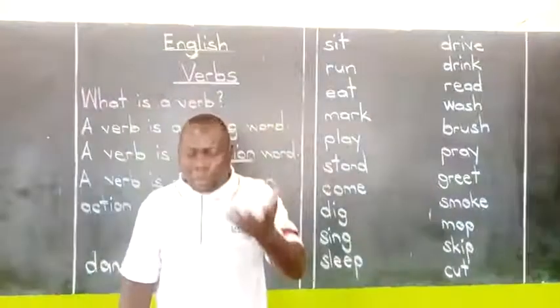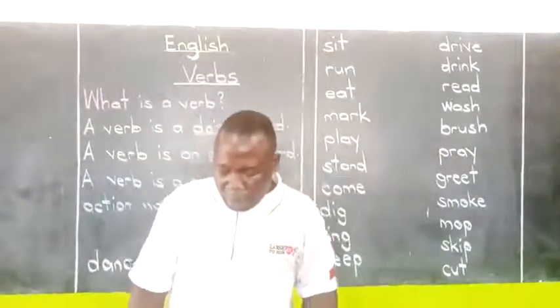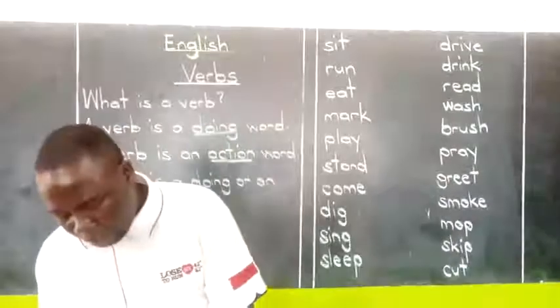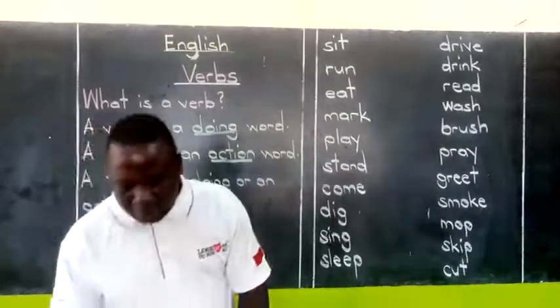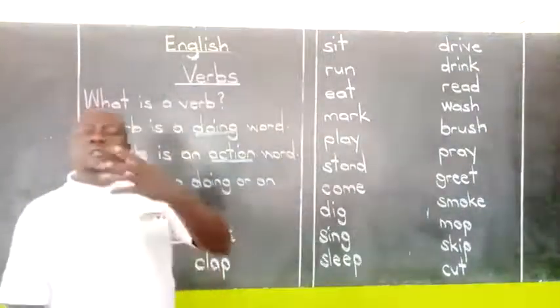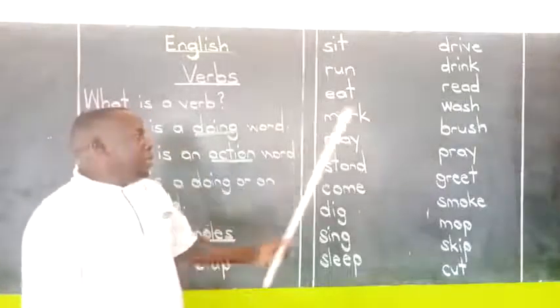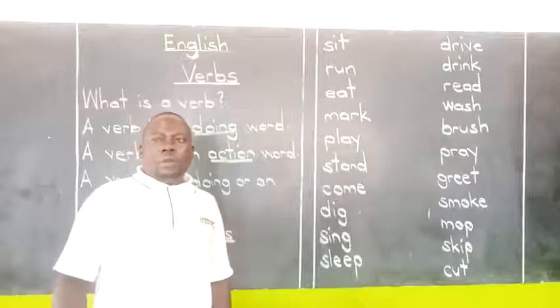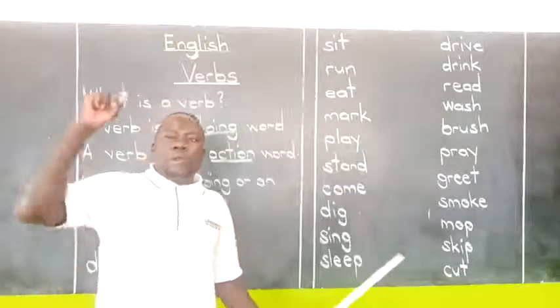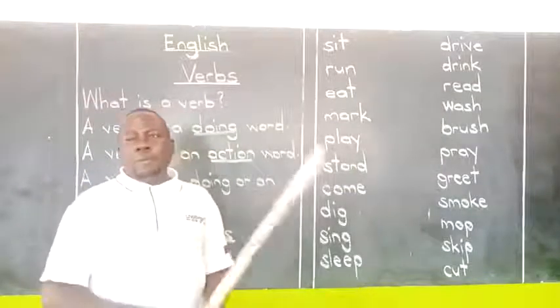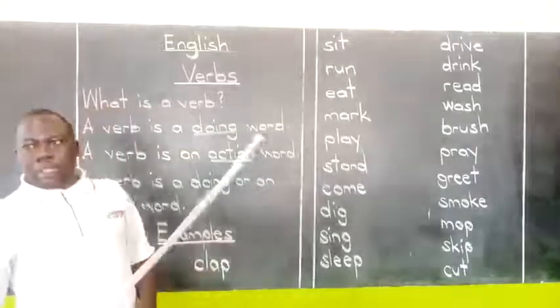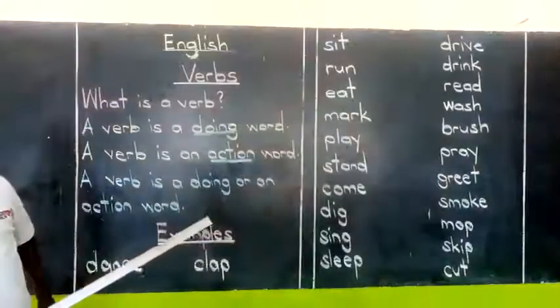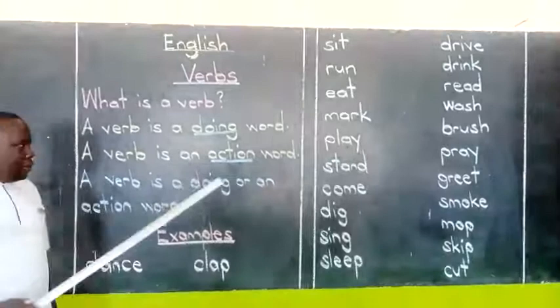So there are very many. Talk. We have kill. We have work and so many others. So we can give more. These ones are not enough. So when you are writing in your book, give more examples of verbs. So today we have been looking at verbs.